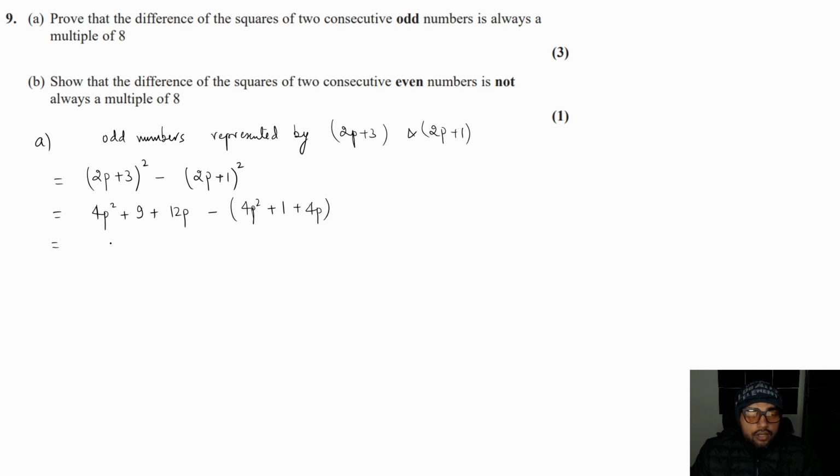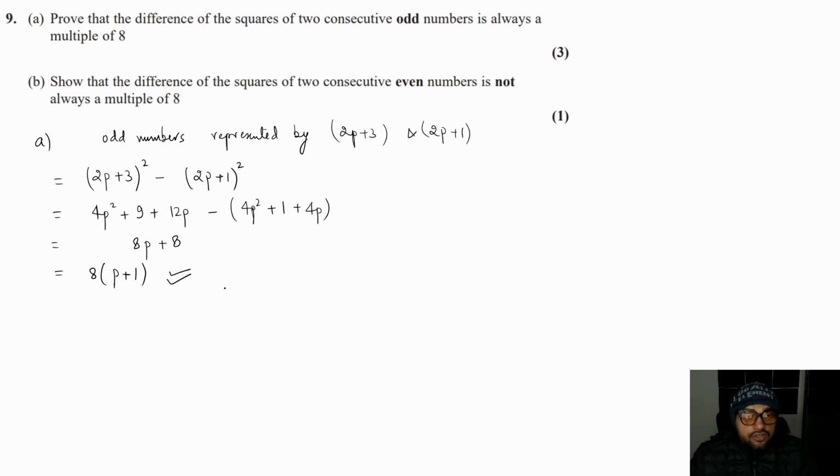On calculating, the 4p squared terms cancel, and we get 8p plus 8. According to the question, they have asked whether this is always a multiple of 8. So we can say yes, it is always a multiple of 8, because if we take 8 common in the value we have got, we can see that it is always a multiple of 8.